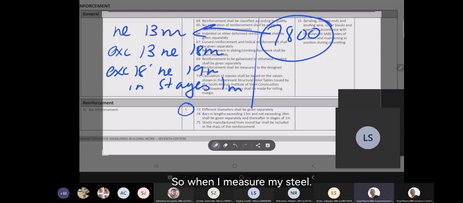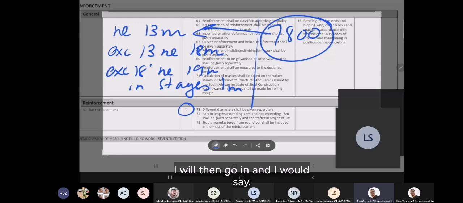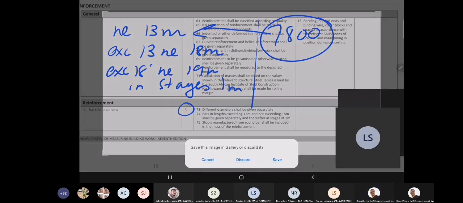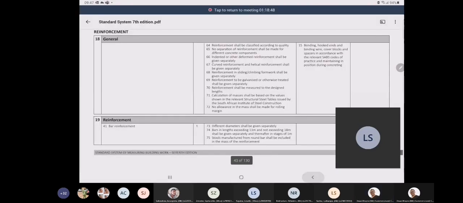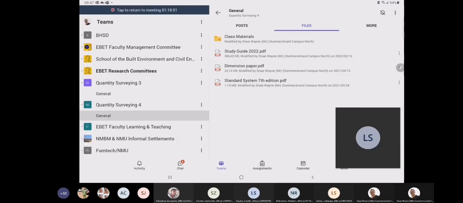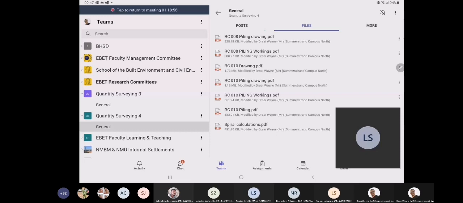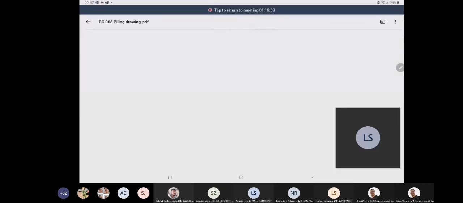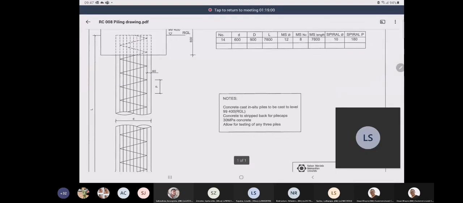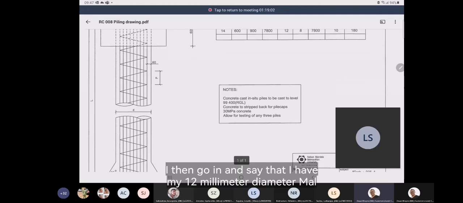So when I measure my steel, I'll then go in and I'll say that I have my 12 millimeter diameter mild steel reinforcement in piles not exceeding 13 meters long.